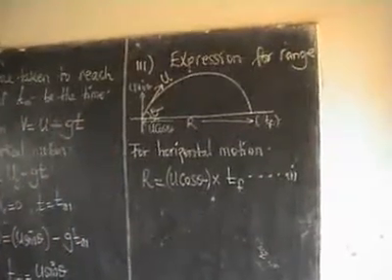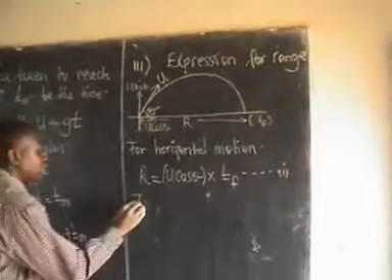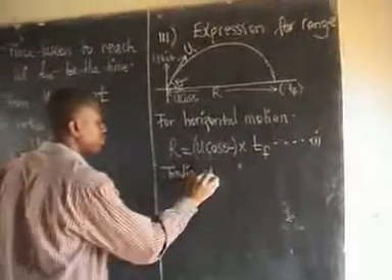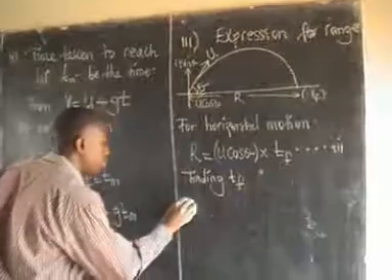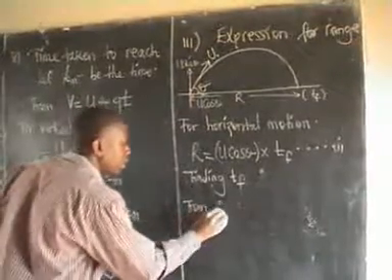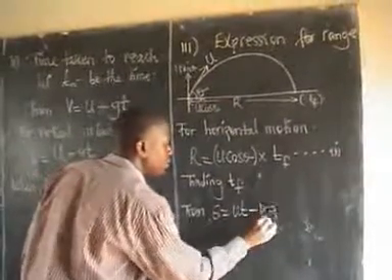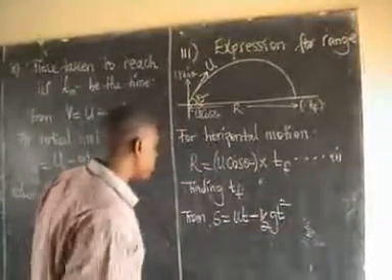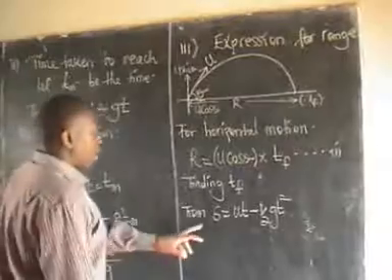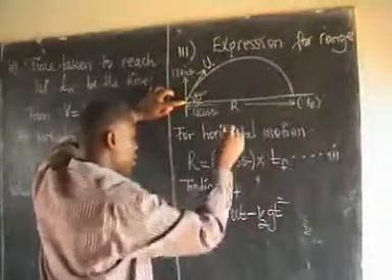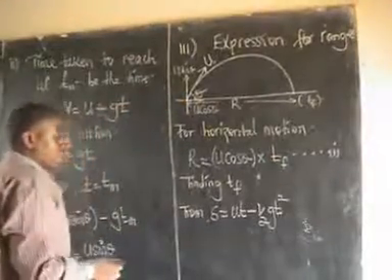Now to get the value of tf, that is the time of flight, from s is equal to ut minus a half gt squared. Now when the body has moved from here to this point, the vertical displacement will be 0.